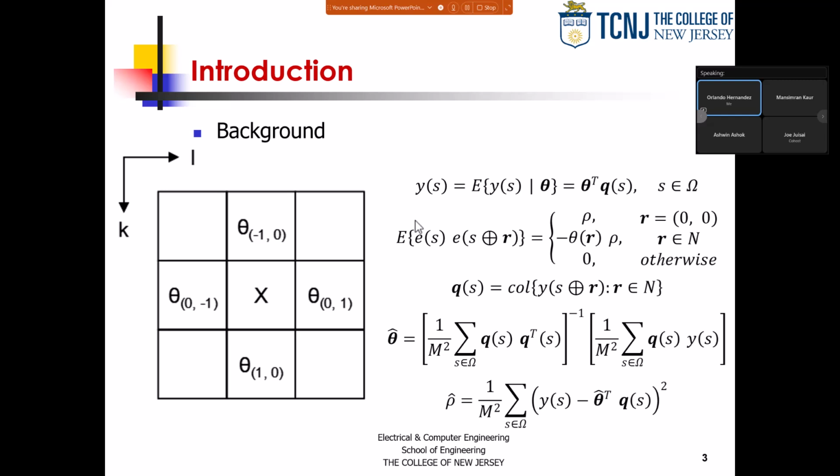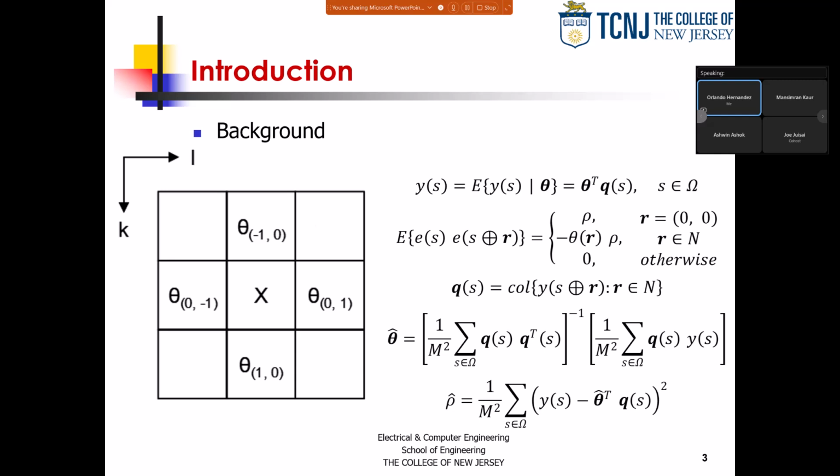The Markov random field model is predicated upon a random observation of a field or a neighborhood of pixels on windows in a frame. So the observations are expected values of this random field.